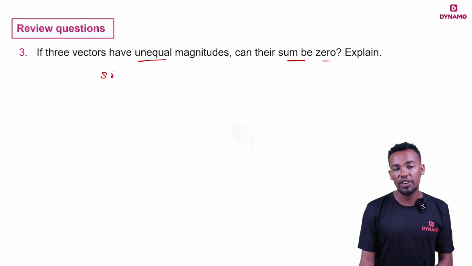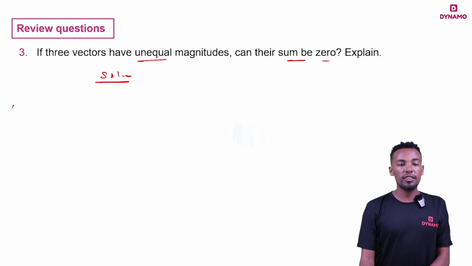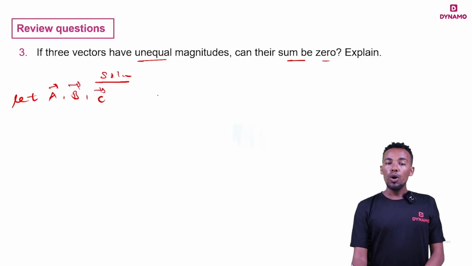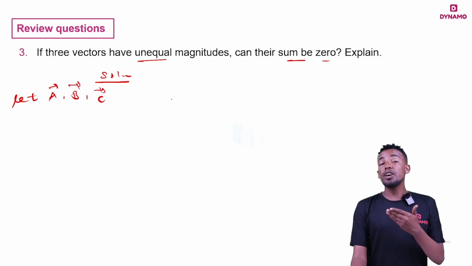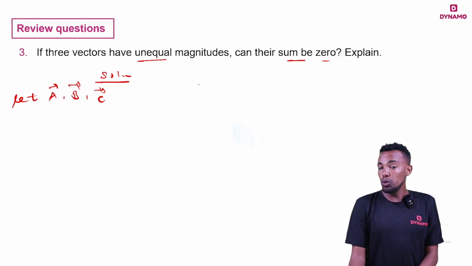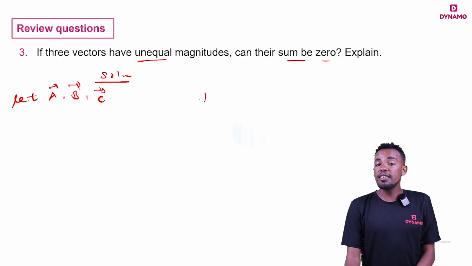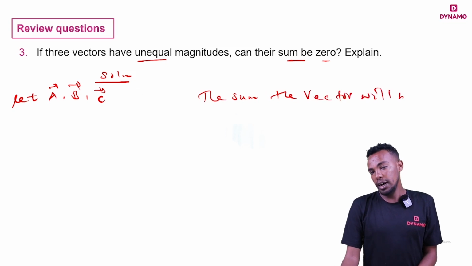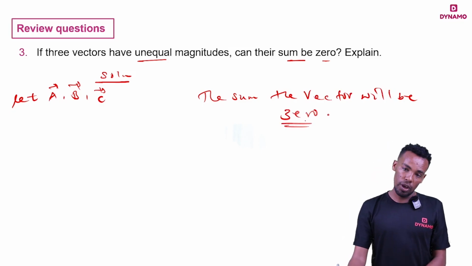What is the solution? Let us take vector A, vector B, and vector C. The sum of vector A plus vector B plus vector C may be 0. The sum of the vectors will be 0, but not always.